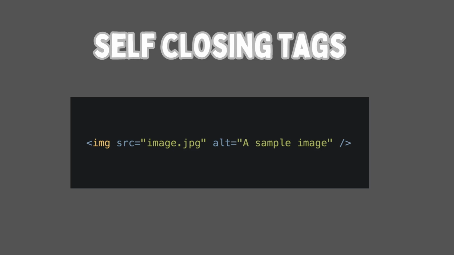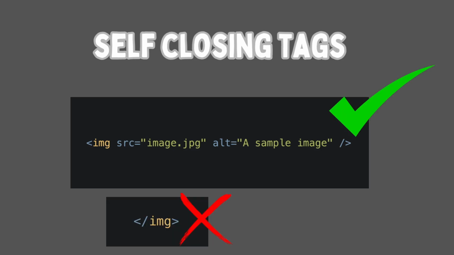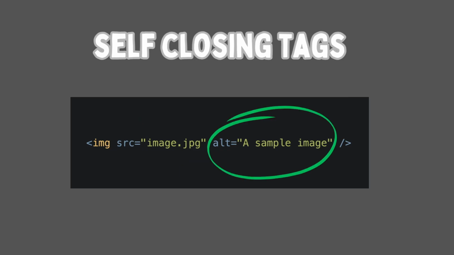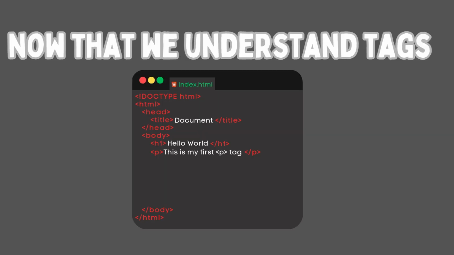In this example, image stands alone without a closing tag. It includes attributes to provide additional information, like the src attribute for the image URL and the alt attribute for accessibility. Now that we understand how tags work, let's look at how to structure an HTML document.